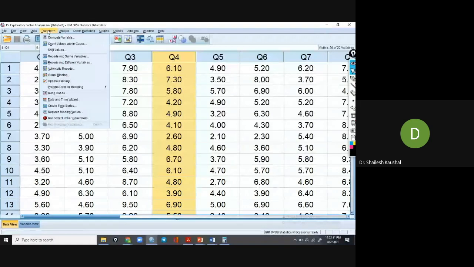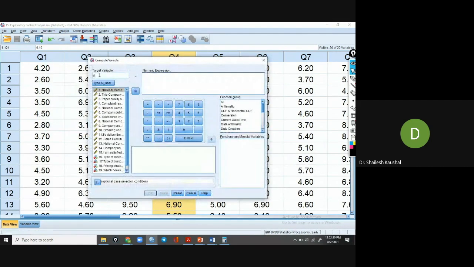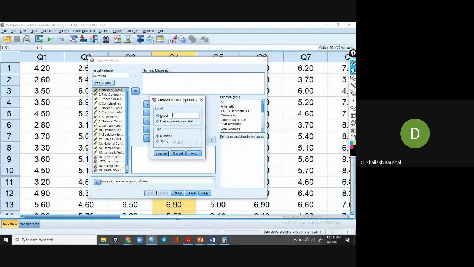I am creating the new variable: compute variable. So I am writing here marketing. I am taking the mean value of these three variables and creating the component, typing marketing, paste, continue.